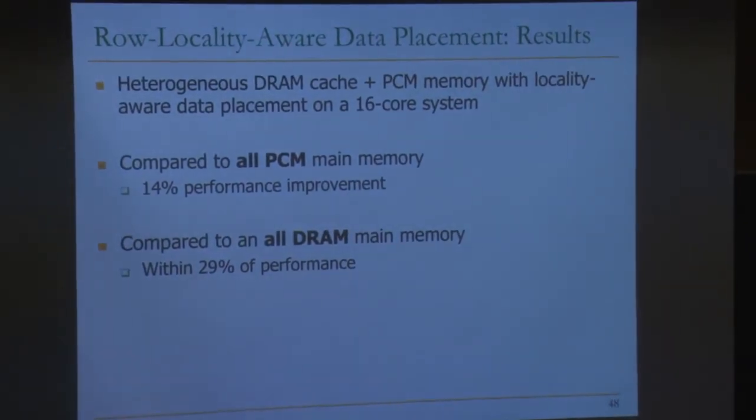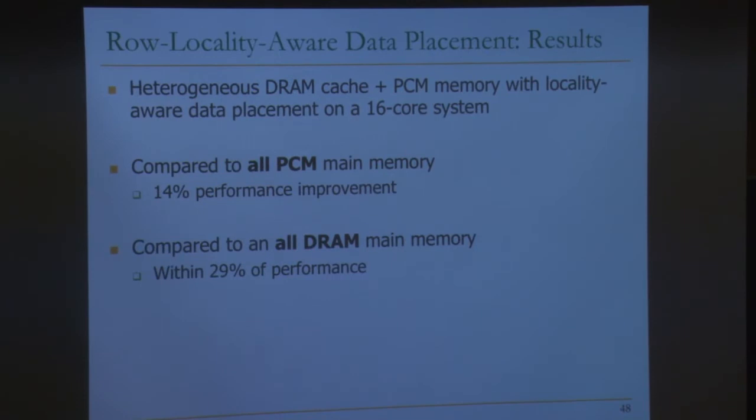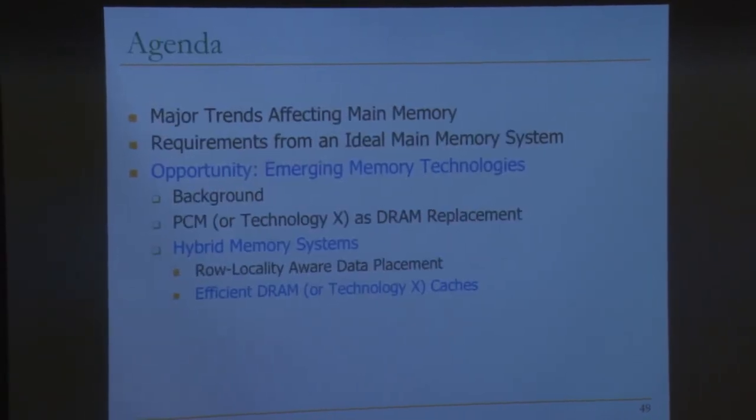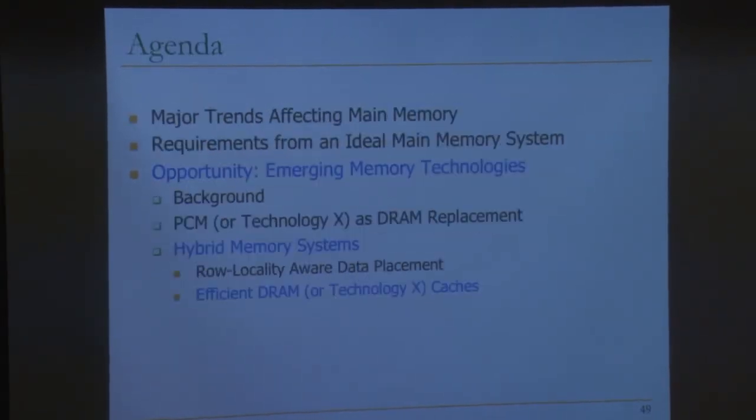Compared to all DRAM, we can get within 29% of the performance. That's still really good because the native latencies of PCM versus DRAM are actually, remember, 4 to 12x, something like that. Yes, so that's row buffer locality-aware data placement.